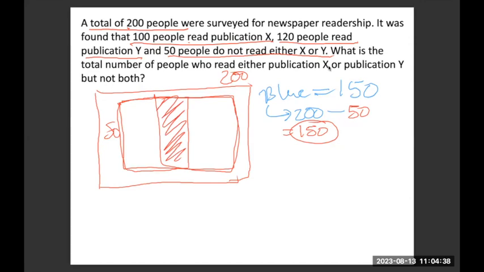Okay? So this is 150. Inside the box that you see here, which is the blue box, this is 150.